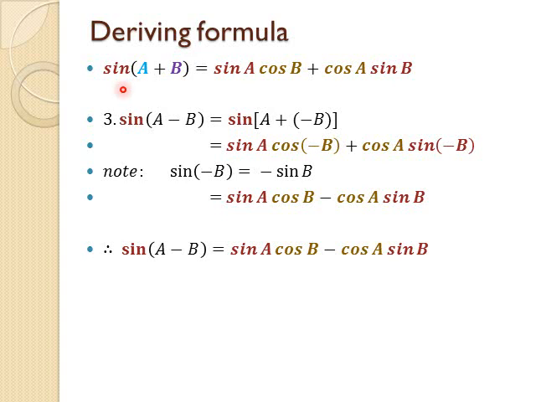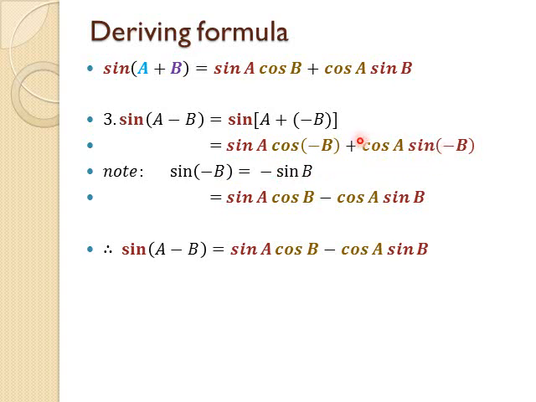Right, so sin(A + B) equals sin A cos B plus cos A sin B. To derive the formula for sin(A - B), you can write this as sin(A + (-B)). Using the above, that would become sin A cos(-B) plus cos A sin(-B). A negative angle is in the fourth quadrant, so cos(-B) would simply stay cos B, but sin(-B) becomes negative sin B in the fourth quadrant.